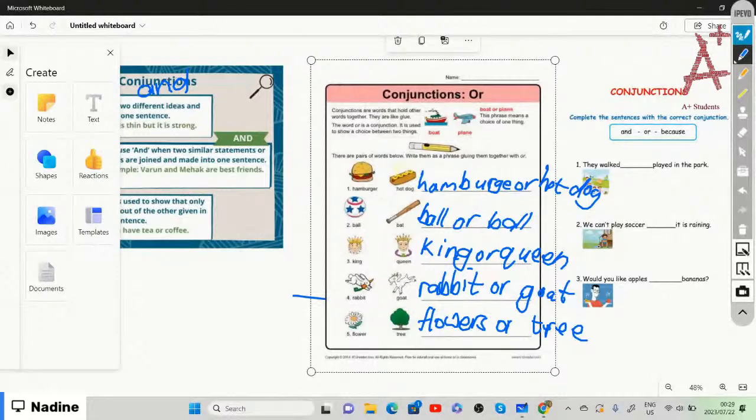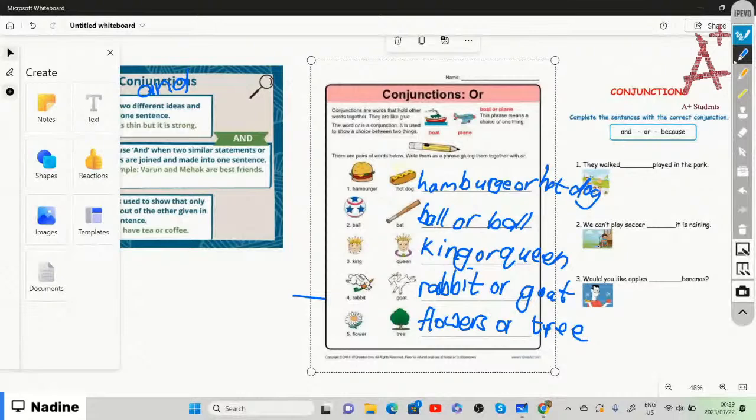And the word or within a conjunction shows choice. It's either this or that, right? And that is the meaning of the conjunction or. So or, it's either you choose this thing or you're having that.